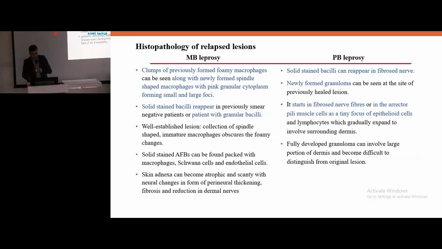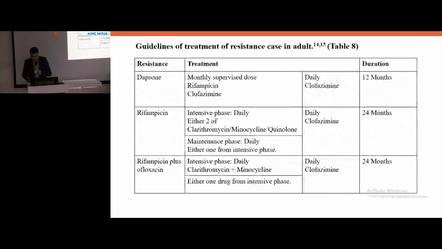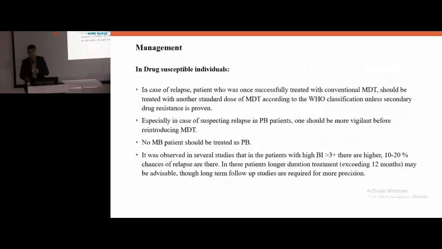So based on that, in a drug susceptible individual, we would just continue, or restart, the conventional MDT for a sufficient duration. Especially in case of suspecting relapse in PB patients, we should be more vigilant before reintroducing MB-MDT, because that classifies as therapeutic failure and not insufficiency.